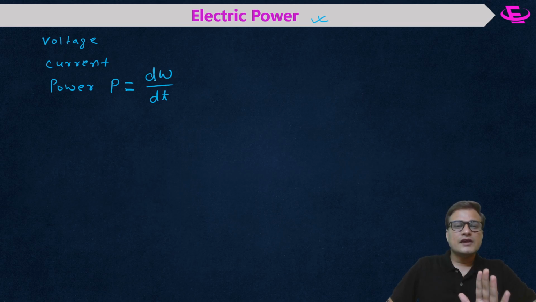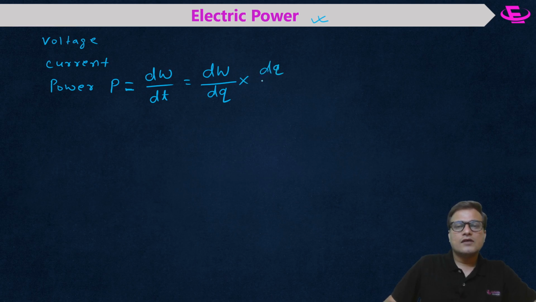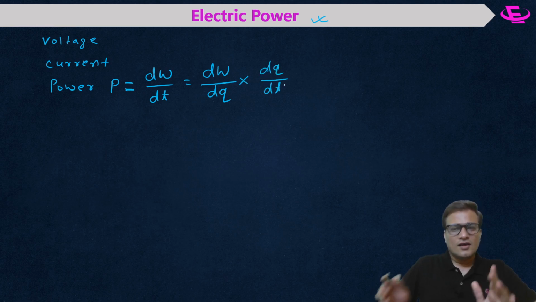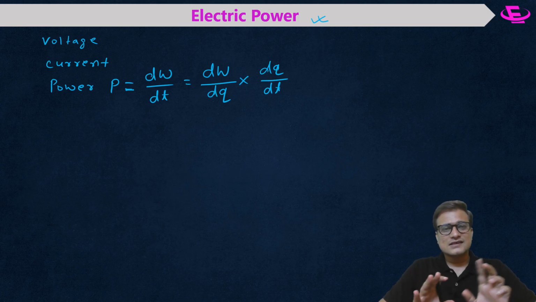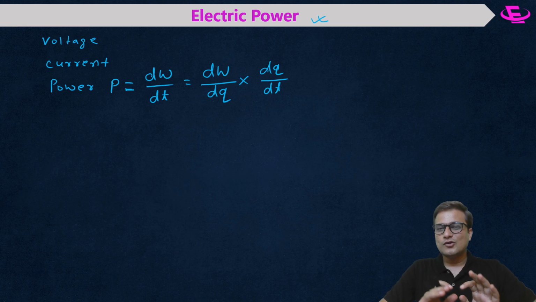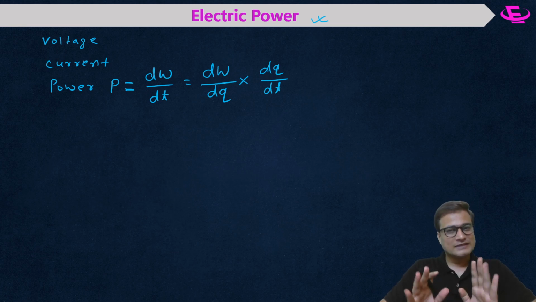So you can write dW upon dt. Now write like this: dW divided by dQ into dQ divided by dt. If you write dW by dt, or dW upon dQ into dQ upon dt, is there any change?